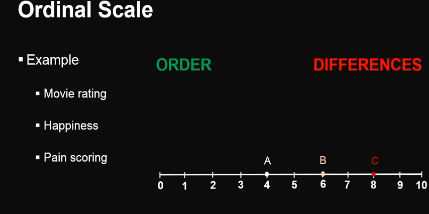Another one is the interval scale. In this type of scale, it shows both characteristics. So it represents both order, and the differences are the same in this case as well. There are examples.